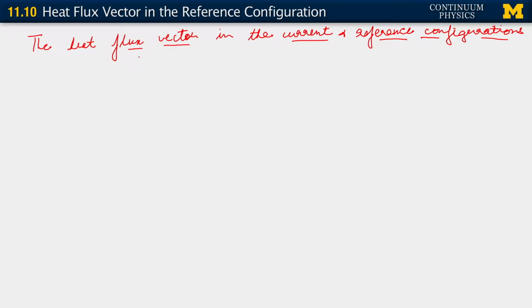All right. So the setting for our treatment is the balance of energy, the first law, in the following form. Okay, so let's recall the first law in the following form.